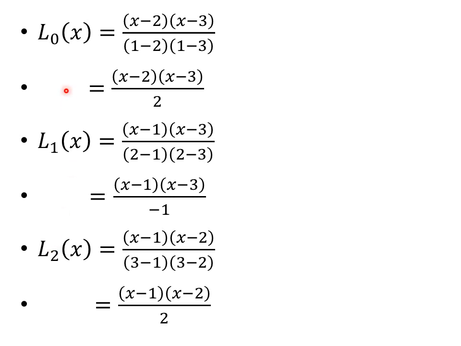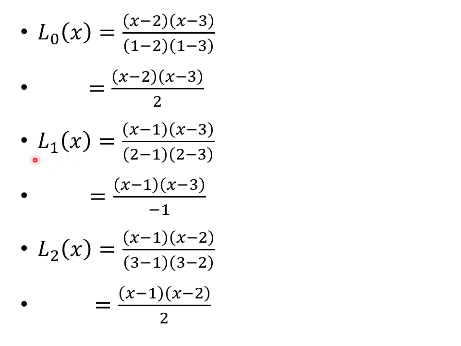Now you can see here L0(x) equals (x minus 2)(x minus 3) divided by (1 minus 2), which is minus 1, times (1 minus 3), which is minus 2. Minus 1 times minus 2 gives plus 2.